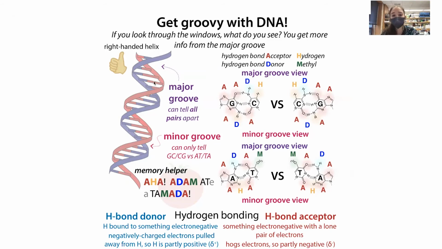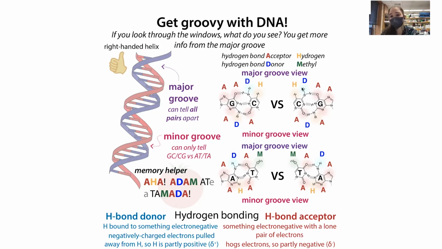You can think of these grooves as windows into what's going on inside of here. If you are looking from the major groove, you'd be able to tell apart every base pair. So you can tell apart a GC versus a CG, in addition to being able to tell apart an AT versus a TA. So you can tell all four of these apart.